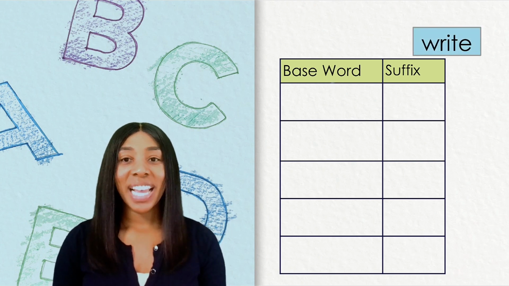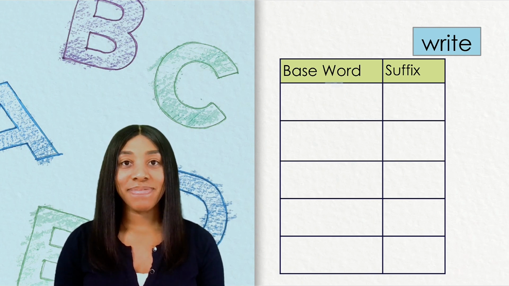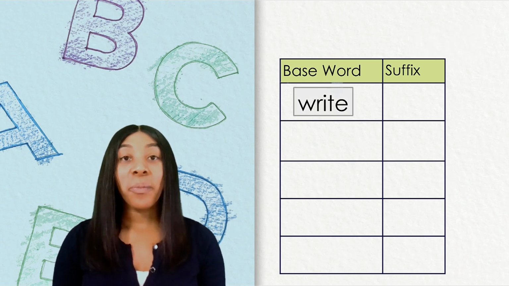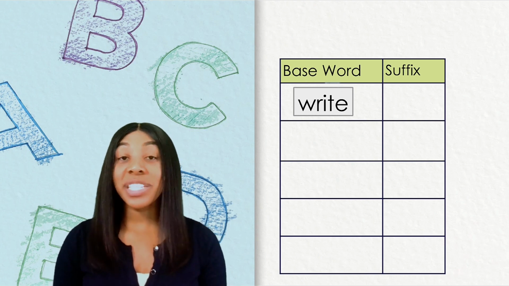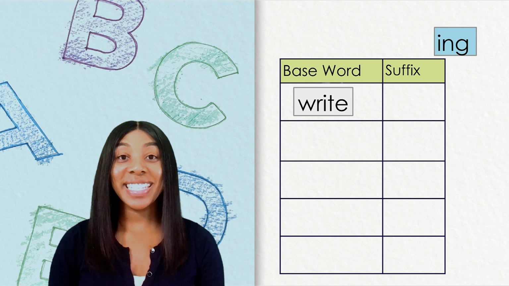Right. Is this a base word or a suffix? Right is a base word. We can add affixes to it to change its meaning. Ing. Is this a base word or a suffix?